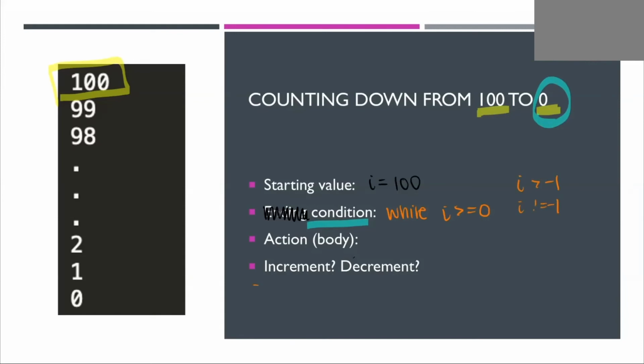And I'm actually going to skip over to the increment and decrement. We'll go back to the body in just a second. So because we're starting from 100 and we're counting down to 0, would we be incrementing? Would we be decrementing? And by how much would we be doing either?